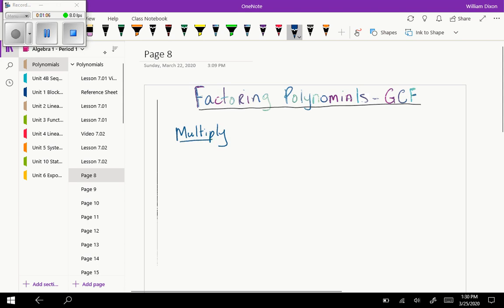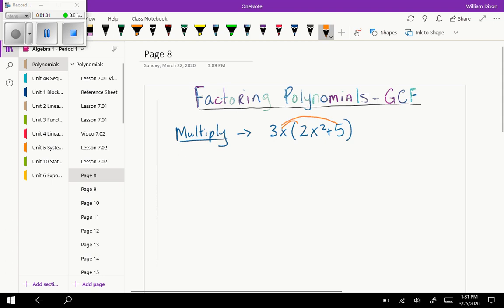So what we're going to do is multiply, and the example is 3x times the quantity 2x squared plus 5. What we have done in the past is use the distributive property to multiply across the addition.